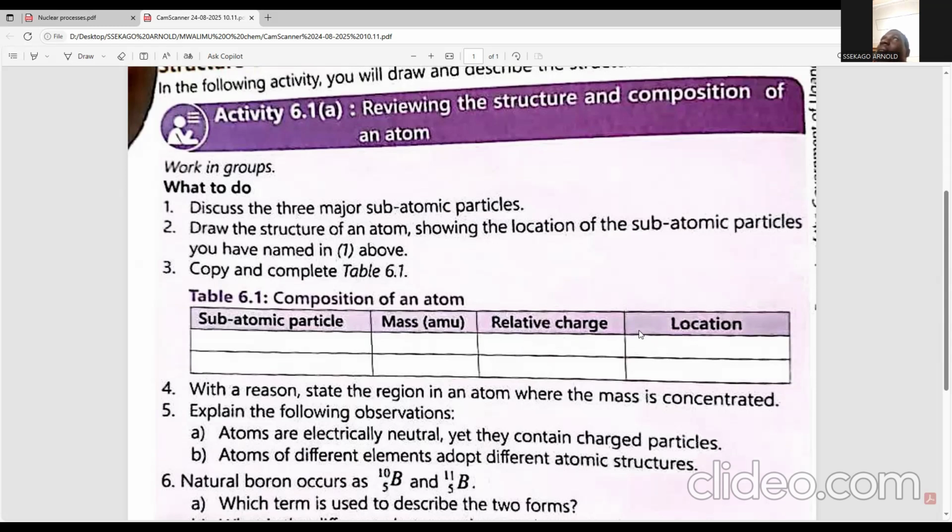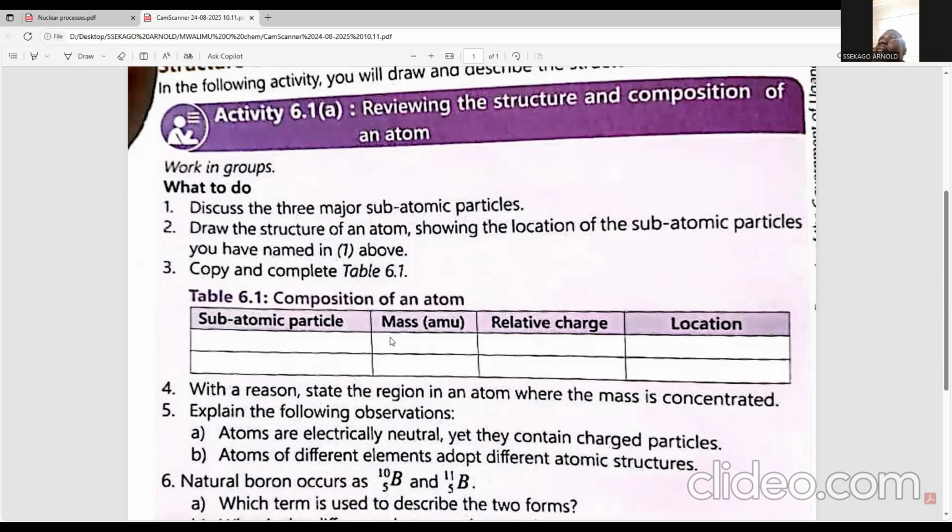If Kalema-Bryan is the subatomic particle you've identified, you have to name it. I repeat, if the particle is Kalema-Bryan, the name is Kalema-Bryan, and for the mass, you give the mass. This mass you will need to research on the masses of the subatomic particles.